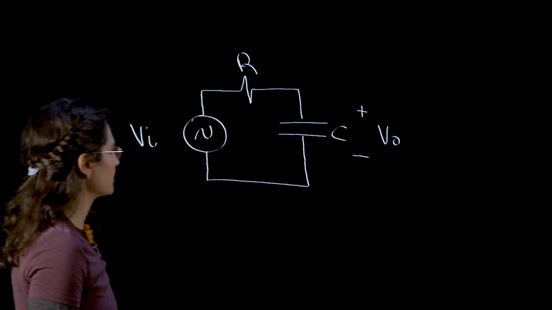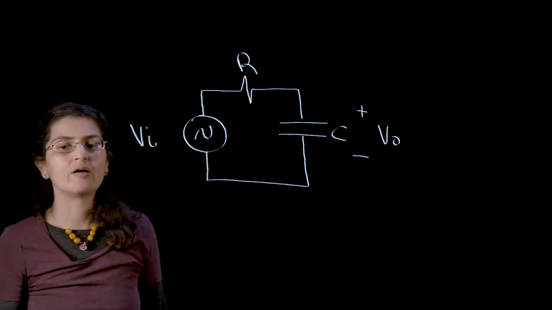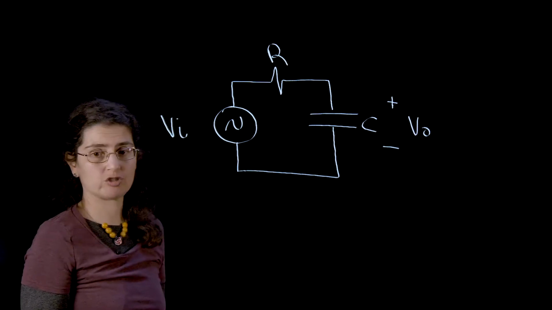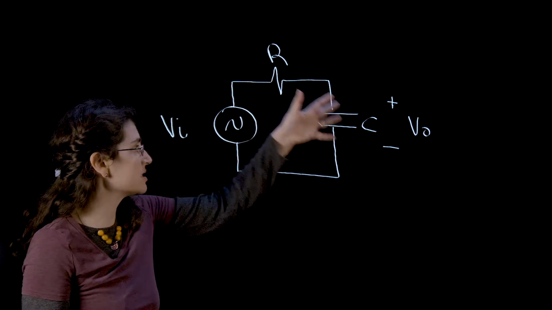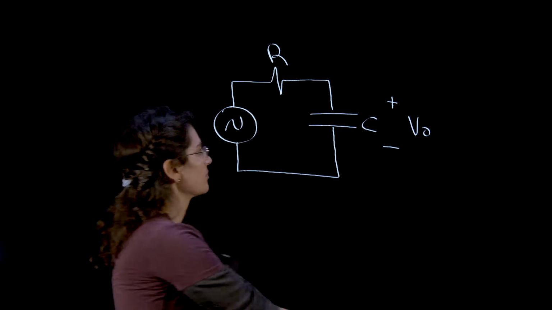Hi, in this video we're going to talk about a very important tool when we want to analyze circuits like the RC circuit, which is called the transfer function. So when we have a circuit like this, the first thing we do usually is we just substitute our elements by our impedances.